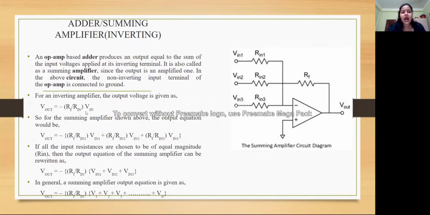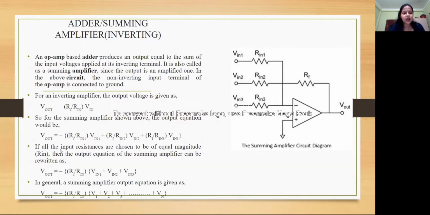So in place of Rin and Vin, we can write V output equals minus RF by R1 into V1 plus RF by R2 into V2 plus RF by R3 into V3. We are just splitting the input resistances, right?